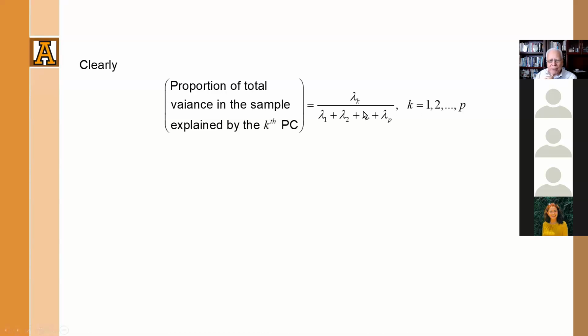Of course, lambda 1 will give the largest proportion, lambda 2 the second largest, lambda 3 the third largest, and so on. So lambda 1 will be greater than or equal to lambda 2, greater than or equal to lambda k, greater than or equal up to lambda sub p. We have as many eigenvalues as original variables.